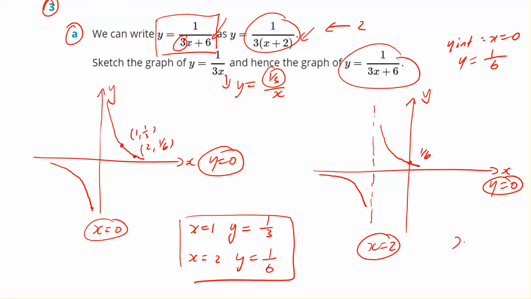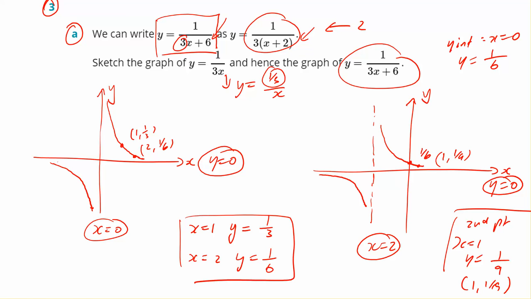So when x equals 1, y equals 1 over 3 plus 6, which is 1/9. I'm going to put this in here, 1, 1/9.